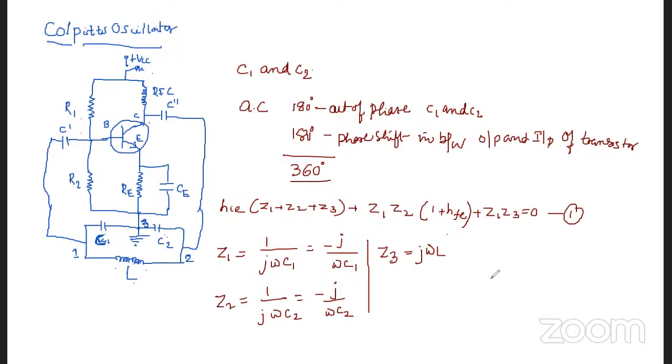Once we substitute, first we have HIE into Z1 plus Z2 plus Z3.